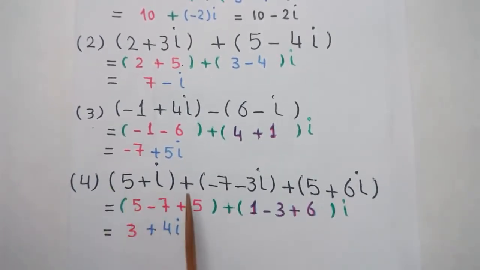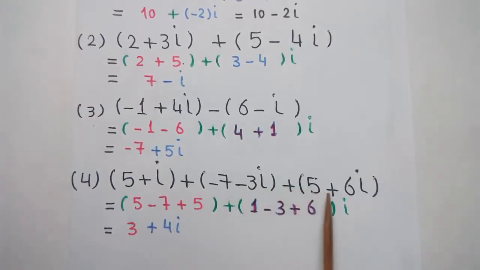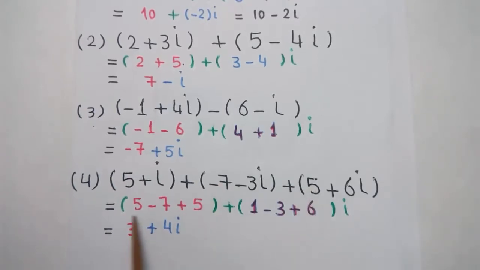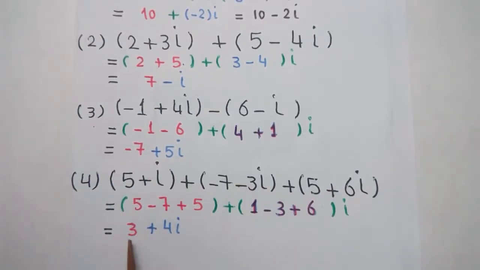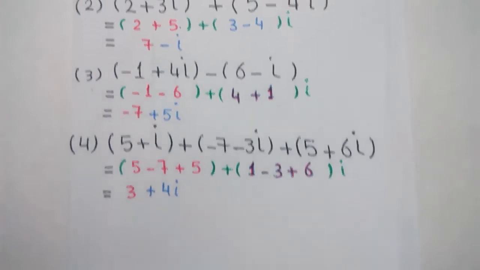Another: (5 plus i) plus (negative 7 minus 3i) plus (5 plus 6i) يبقى 5 minus 7 plus 5 real, 1i minus 3i plus 6i imaginary, يبقى 3 plus 4i.